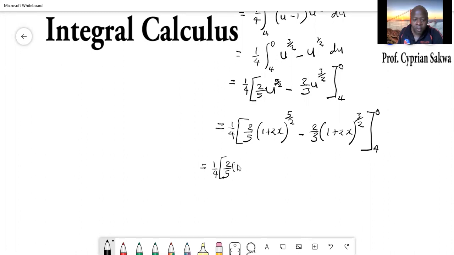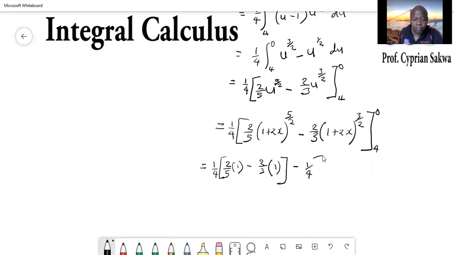So what I have there is 1. Then minus 2 over 3 into 1 plus 2 times 0, which will be 0, plus 1 will be 1. 1 raised to 3 over 2 will just be 1. Close the bracket, then minus a quarter.